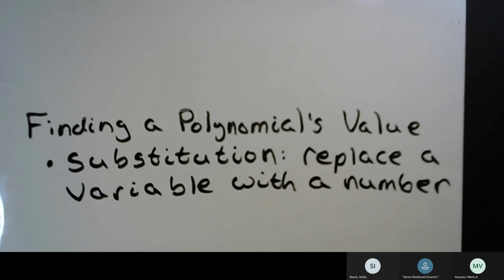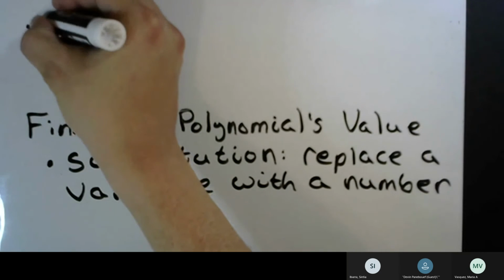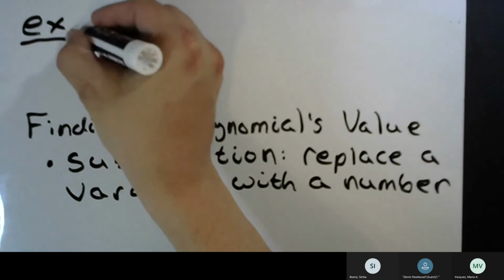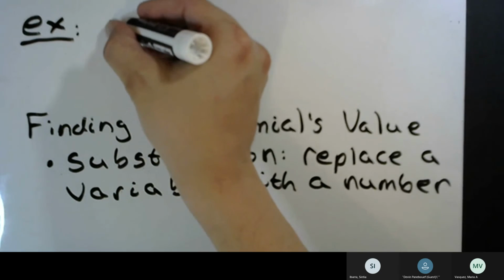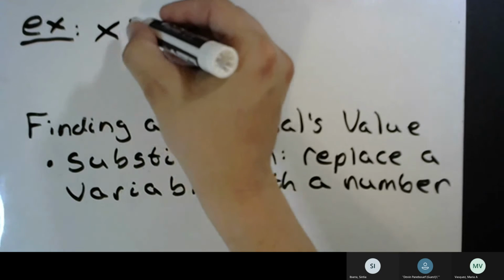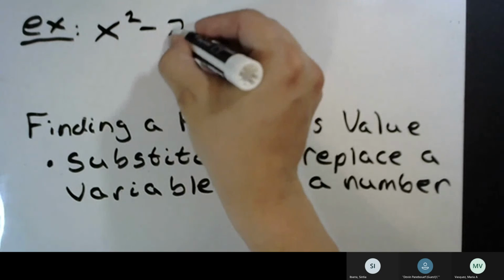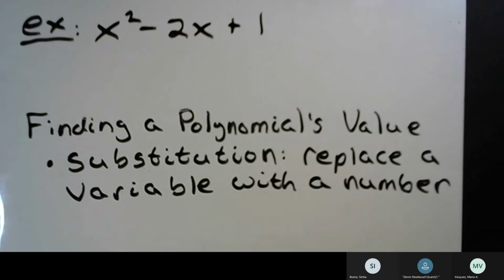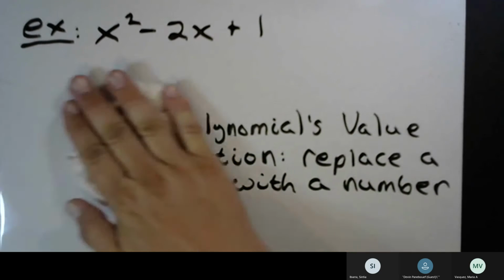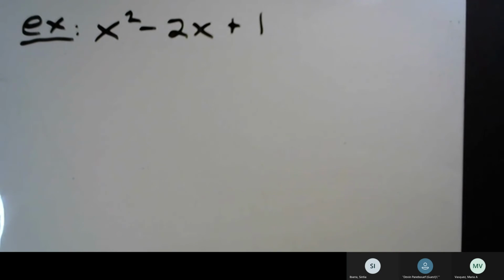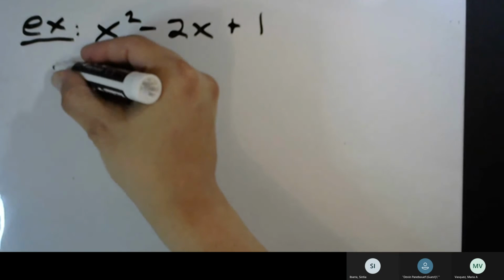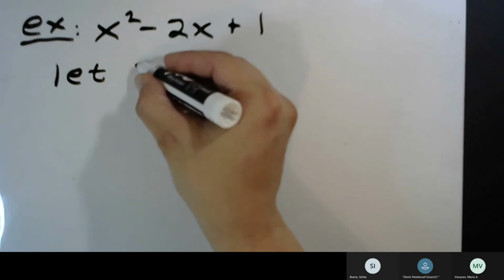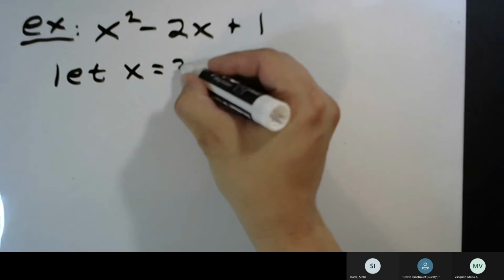Let's see. So let's say we have something like this. Well, suppose we've got this polynomial. First, let's let x equal 3.